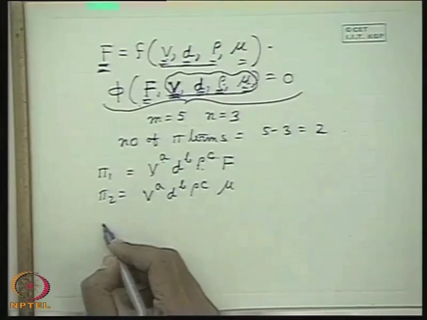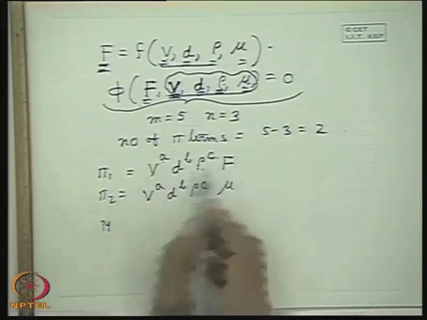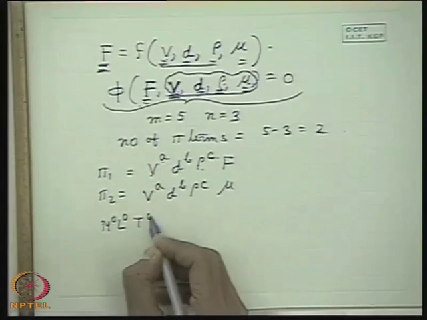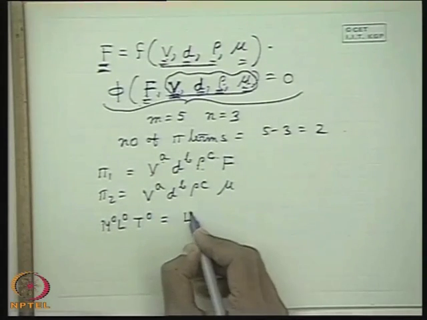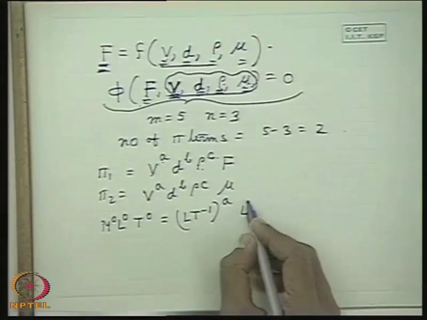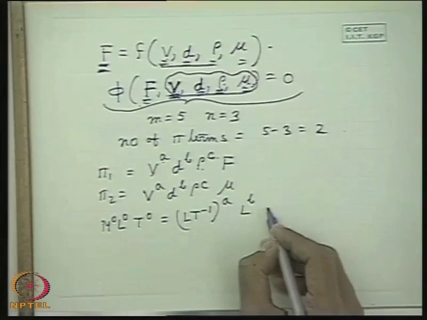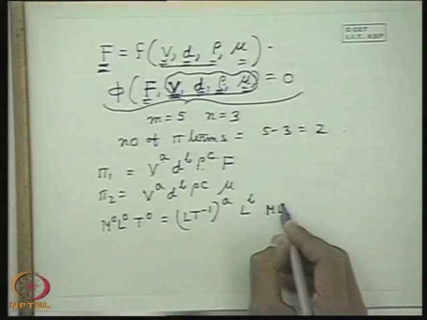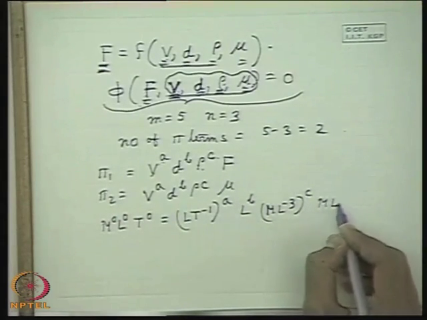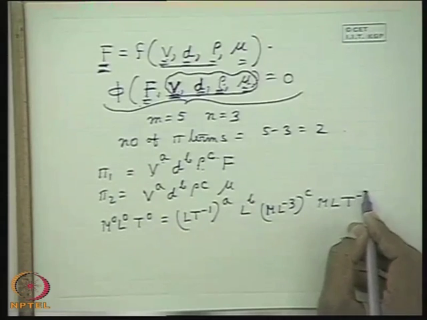Now I do the dimensional analysis, setting M0 L0 T0, because pi 1 is a non-dimensional term. So V is L T to the power minus 1, raised to A; D is L to the power B; rho is M L to the power minus 3, raised to C; and F is M L T to the power minus 2.